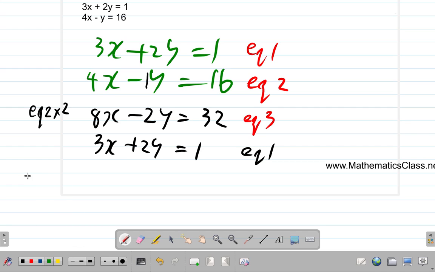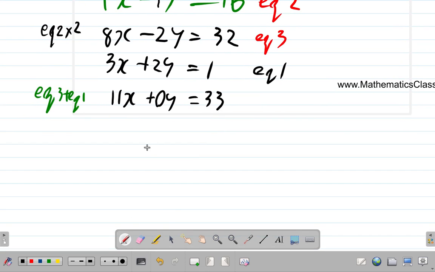So we say equation 3 plus equation 1. 8x plus 3x gives us 11x. Negative 2y plus 2y gives us 0y. Y is gone, eliminated. Equals 32 plus 1 gives us 33.